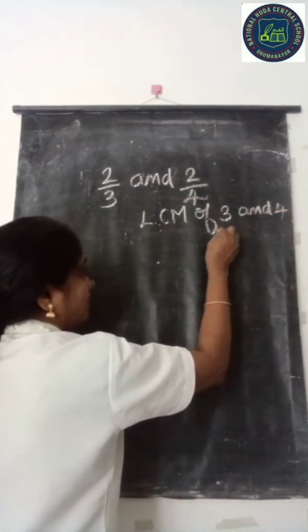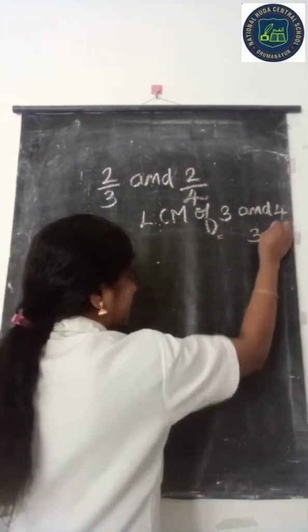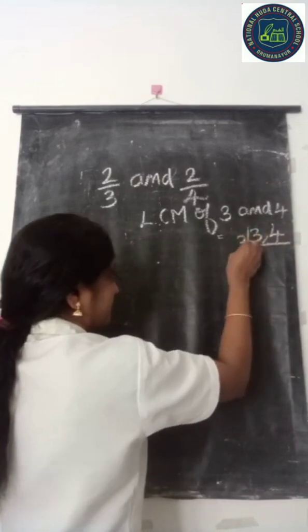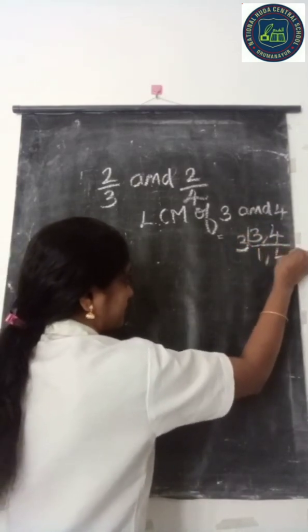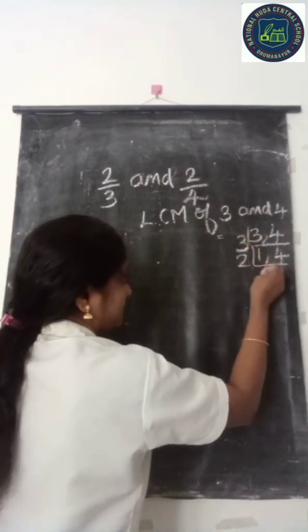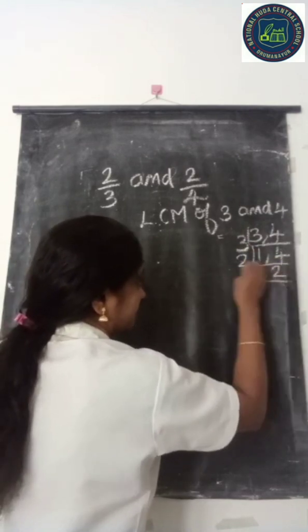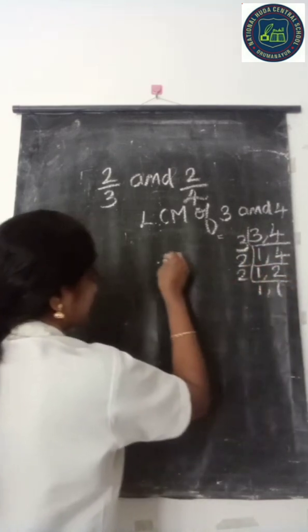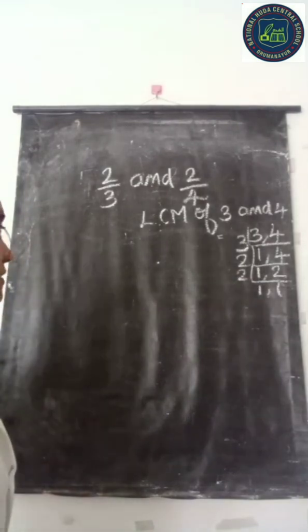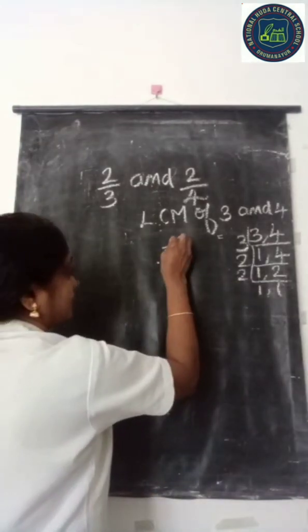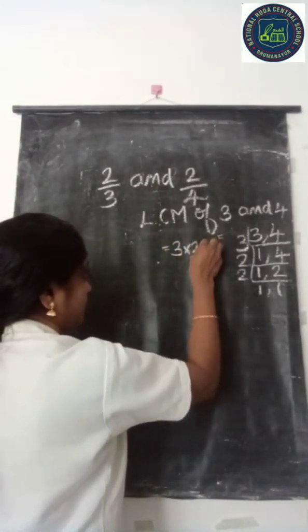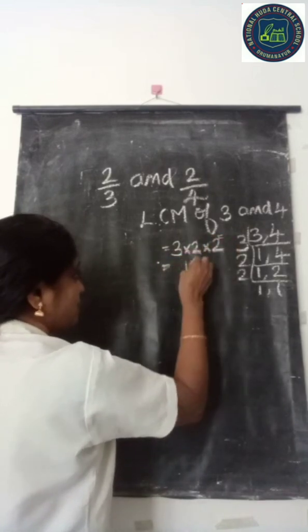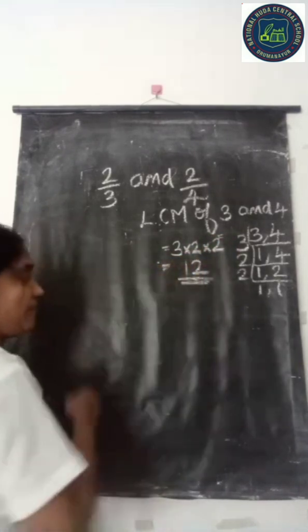That's equal to 3 into 2 into 2. That's equal to 12. So our LCM is 12.